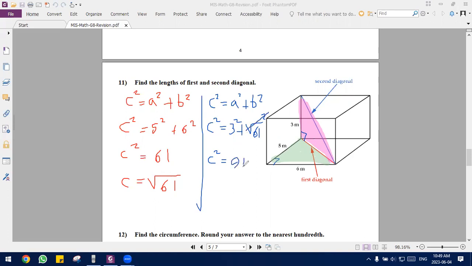So we have here 9 plus 61, which is 70. C squared equals 70, so C is equal to square root of 70, and we put the units, meters. So always check: are you finding the hypotenuse? Then it's a squared plus b squared. If you are not finding the hypotenuse, then it's c squared minus a squared.